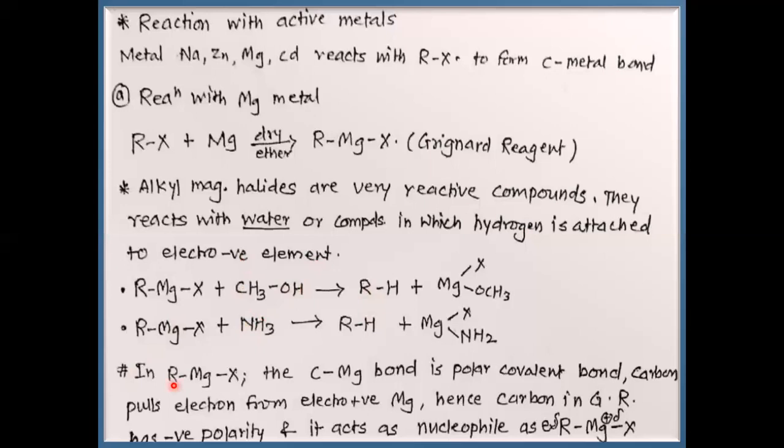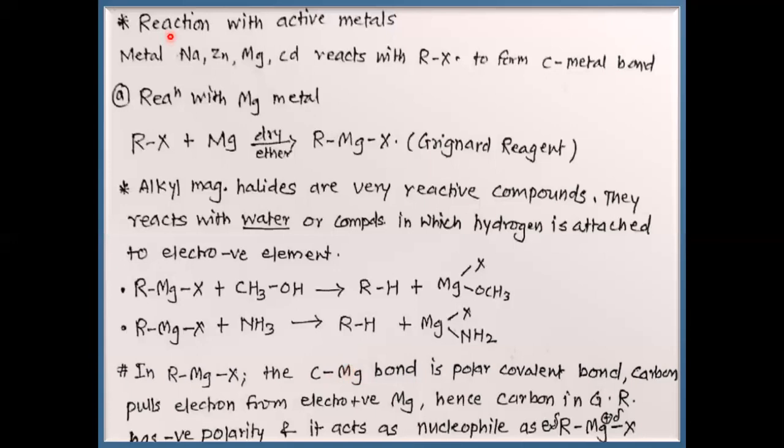In RMgX, the C-Mg bond is a polar covalent bond. Carbon pulls electrons from electropositive magnesium, hence carbon in Grignard reagent has negative polarity and it acts as a nucleophile, as R minus, Mg plus X. The C-Mg bond is polar because magnesium is highly electropositive.